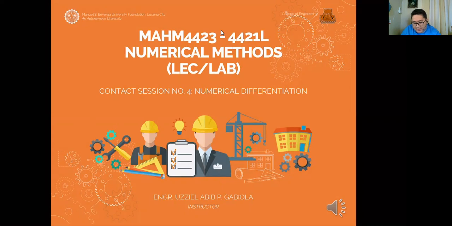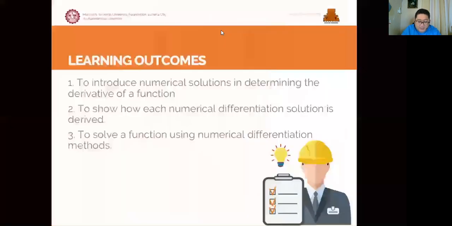At the end of the session, these are the things you will take home after this lesson. First, to introduce the numerical solution in determining the derivative of a function.